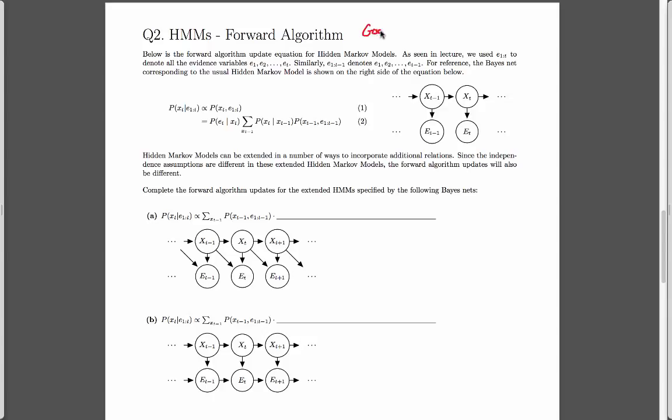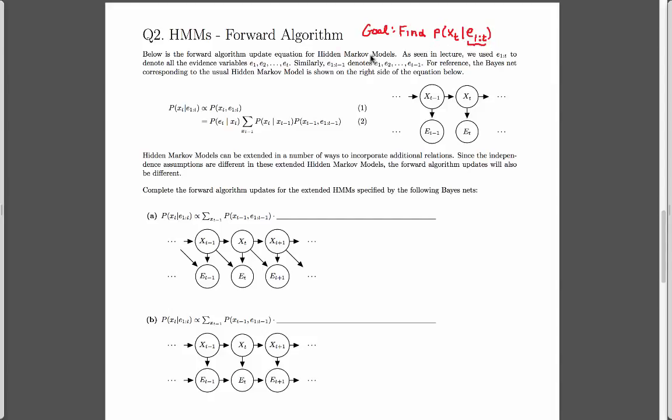So the goal is to find the probability of x_t given e_1 through t. And this is just shorthand notation for e_1, e_2, e_3, all the way up to e_t. And you want to be able to do this for some arbitrary t.